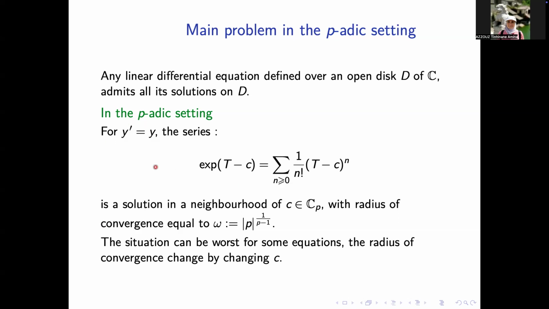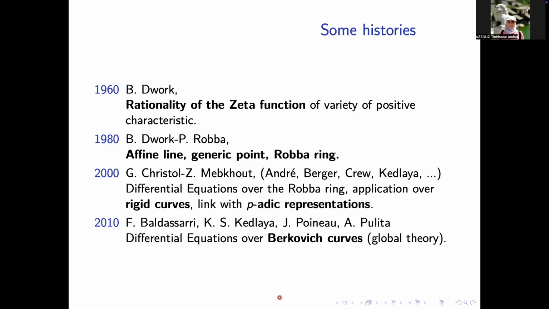Hopefully, in this situation, it is the same, but in general, it's not. Even if it doesn't make sense to say they are in the same connected component, later we will see, when we resolve the problem of the discontinuity, that even if they are in the same connected component, it is not necessarily true that the radius of convergence is the same.